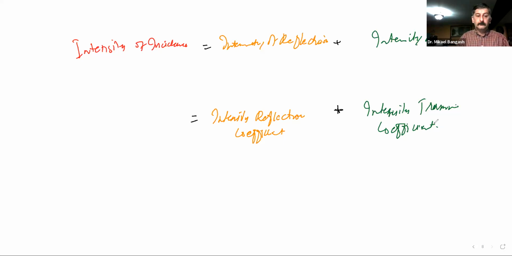The sum of these is always going to be equal to 100%. So we are 100% accountable for 100% of the energy in the incident beam. Clear? Okay, so what are the intensity reflection coefficient and the intensity transmission coefficient?